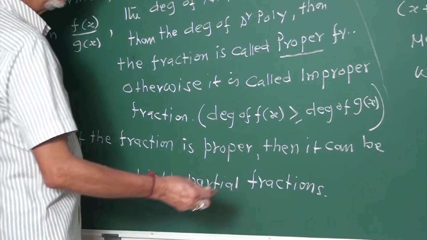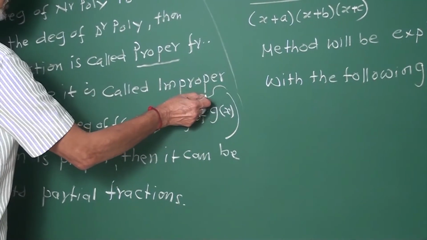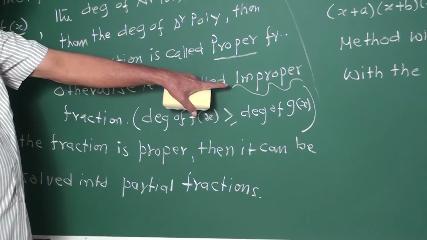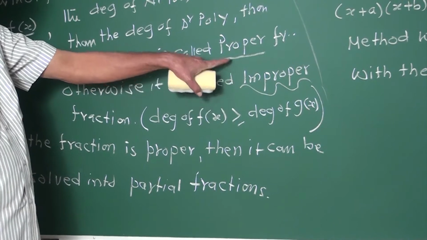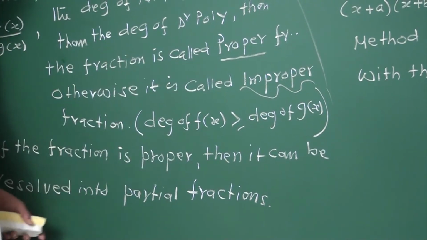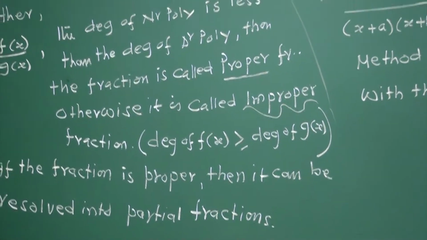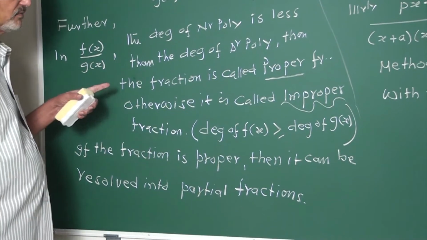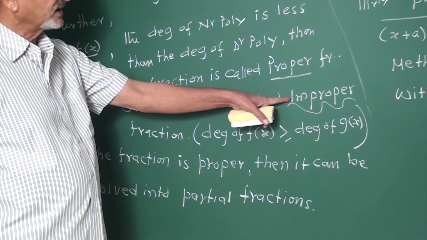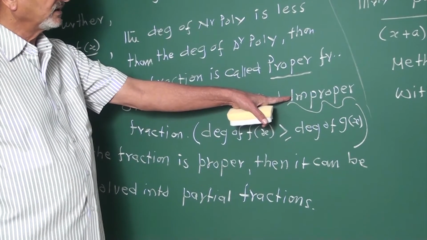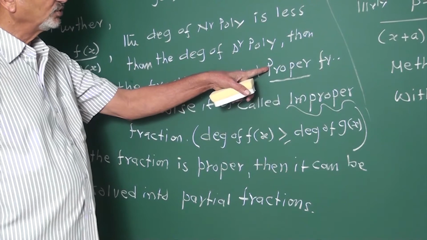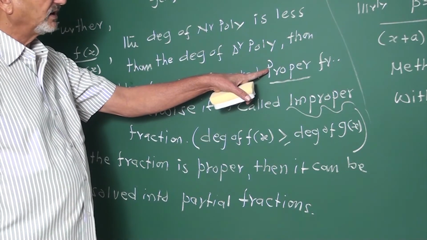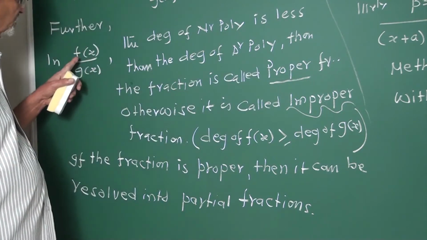Now, if the given fraction is improper, then you can reduce this improper fraction to proper by dividing the numerator polynomial by the denominator polynomial.